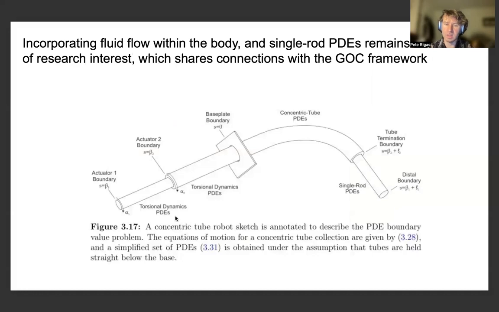This schematic of the concentric tube robot sketch demonstrates how different types of robots can exhibit more complicated equations or dynamics of motion, which can be dependent upon incorporating single rod PDEs together, which were provided first for the Continuum Stewart Gough robot, along with concentric tube PDEs, which can be used to demonstrate the distance of different boundaries within each one of the rods, as well as torsional dynamics, which can relate to ways in which the tendon-driven robot can encounter torsion when it's trying to twist its arm when navigating a certain environment.